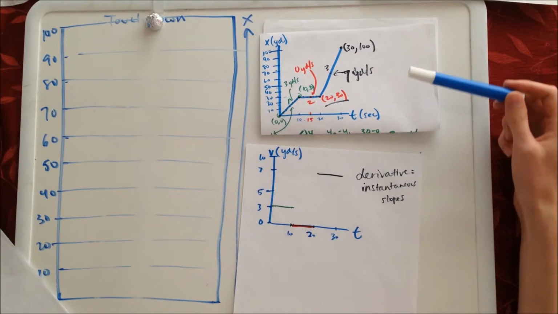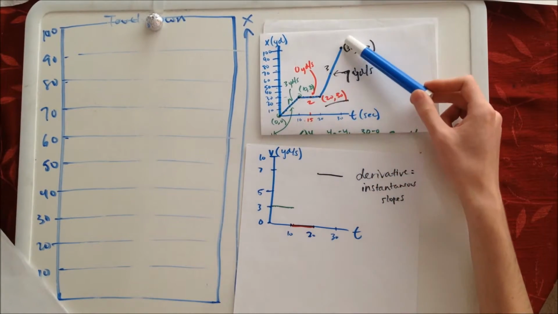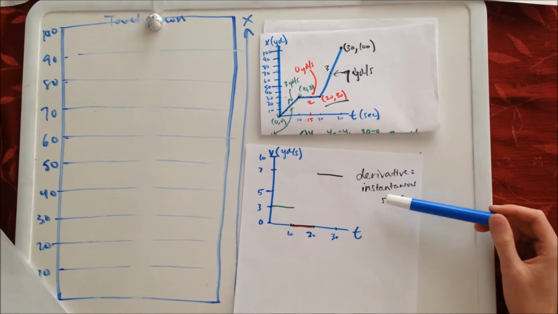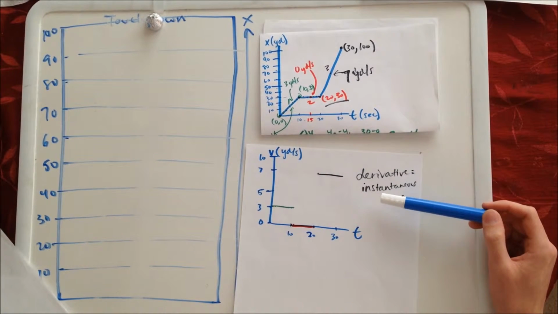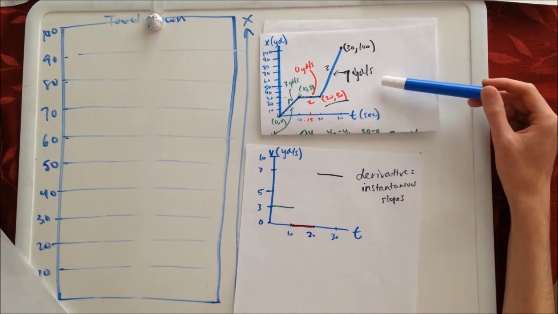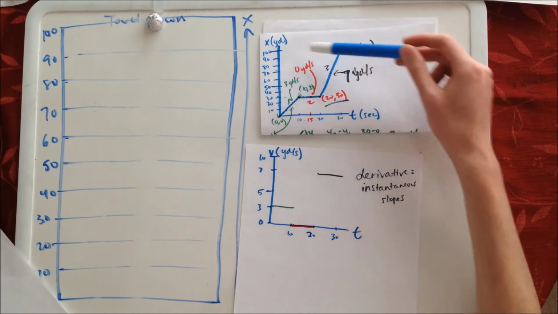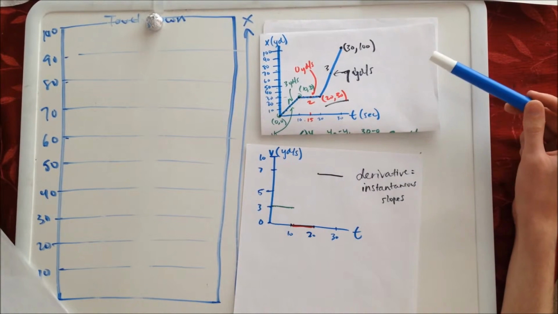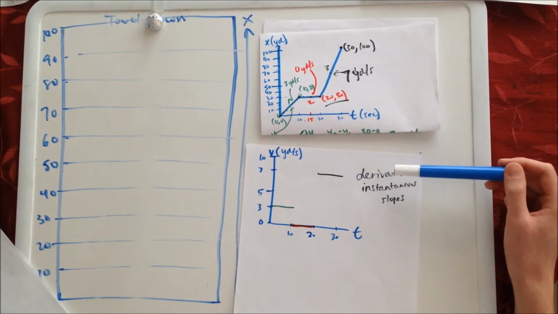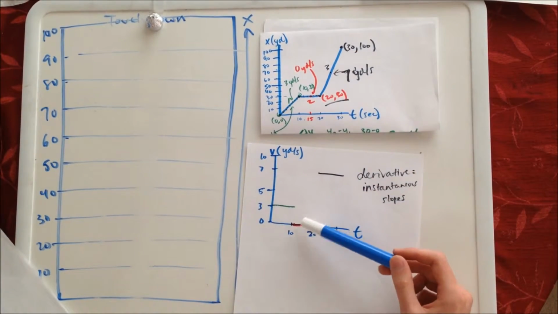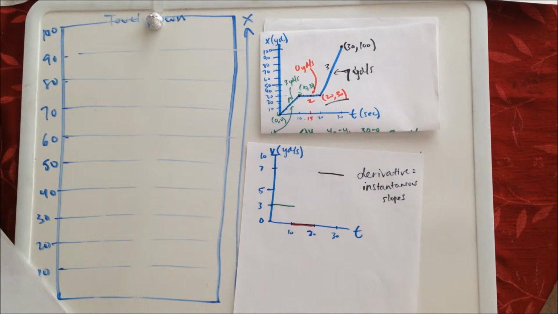Later on we're going to have an equation for a graph, and then we're going to find the derivative to find a new equation. And the new equation just tells us what the slope was on the initial graph or equation at different times. So I don't know if we'll get to that today, but derivative is just taking instantaneous slopes and then making a new graph or equation out of that.